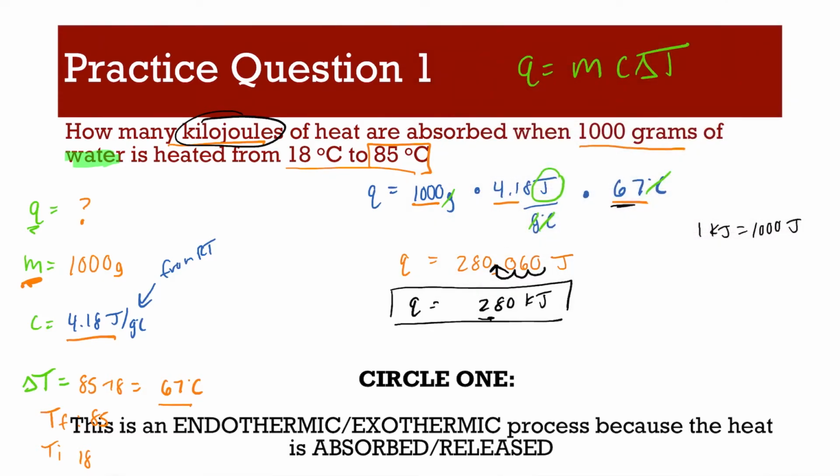And so we can say it's endothermic because heat is absorbed. Now we know that because first it says absorbed, but also our Q value is positive. Remember, positive Q equals endo.